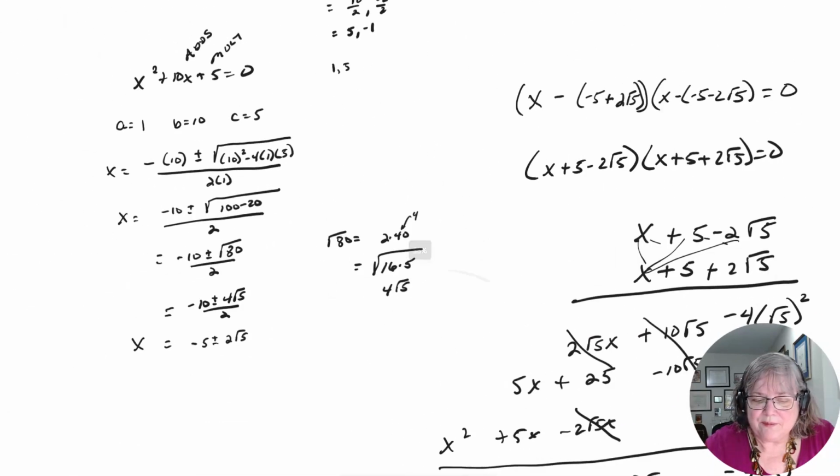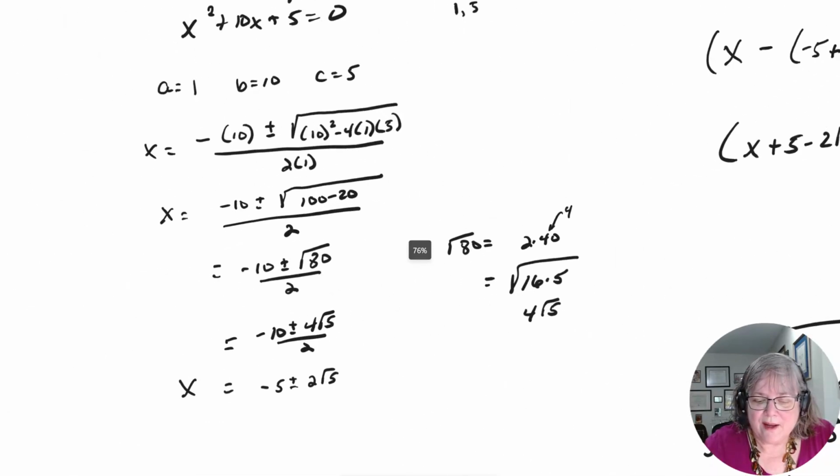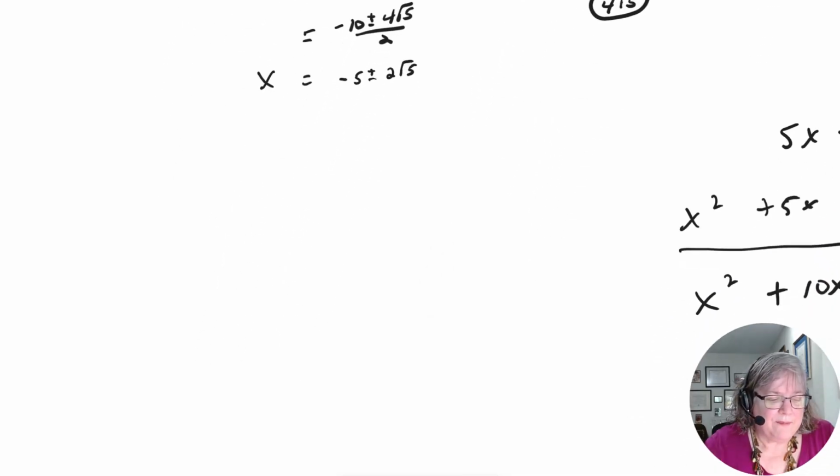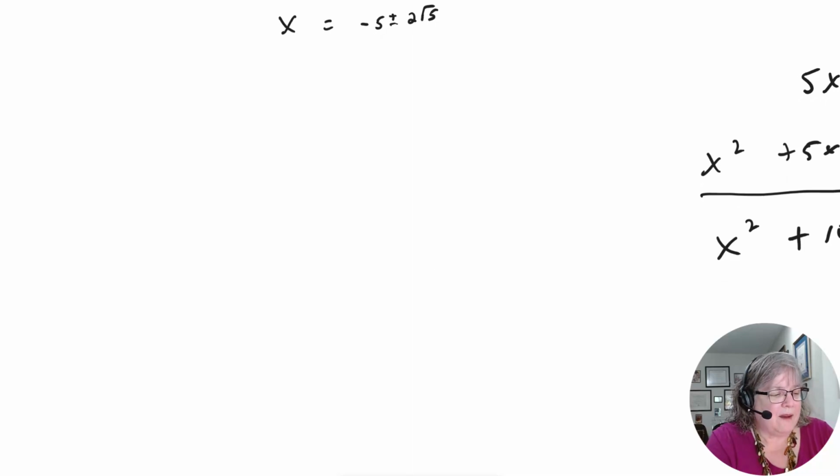Likewise here, I did not have a nice clean square. I had something with a square contained in it. So I still had an irrational square root of 5 left. All right. So you can tell from the discriminant what kinds of answers you're going to get, which sometimes, especially in future classes, turns out to be handy.